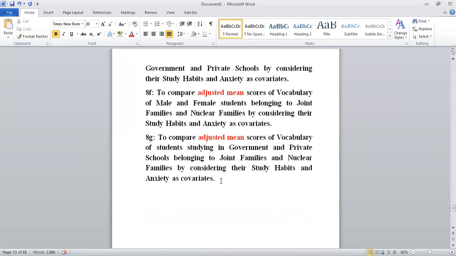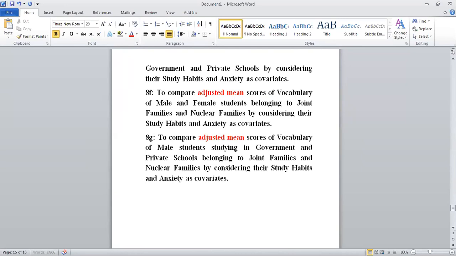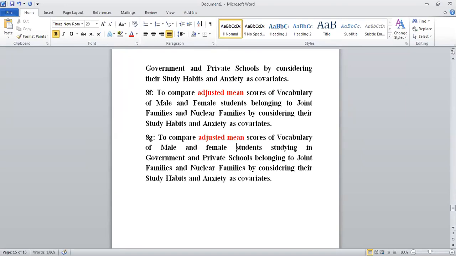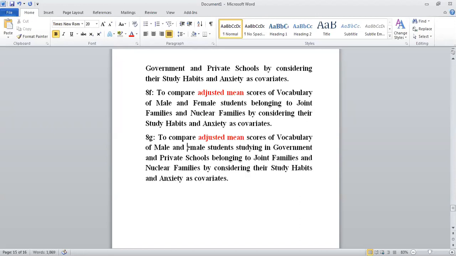Now I have to write, now it is to compare adjusted mean scores of vocabulary of male and female students, because I have to take all the three variables together now.